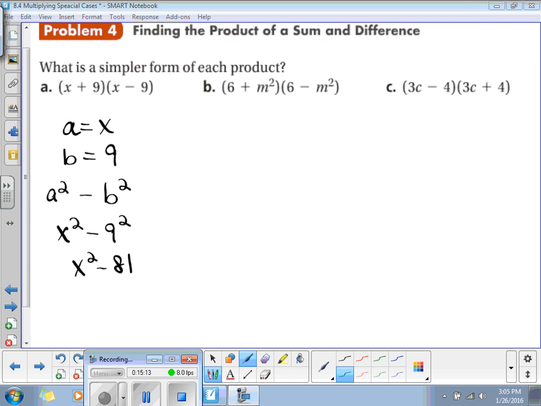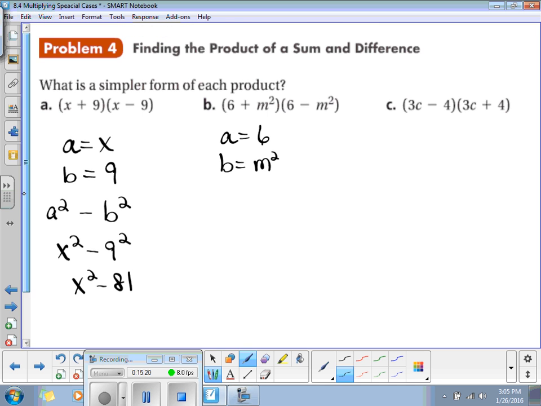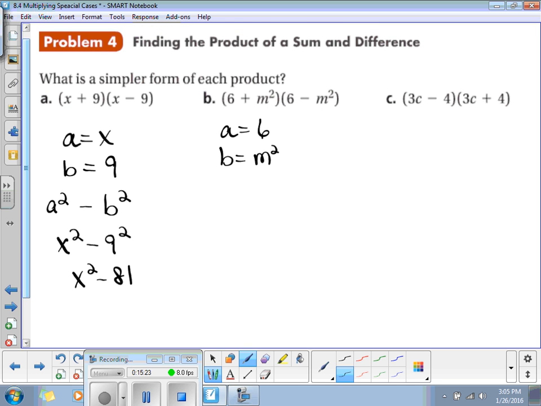So over here, we have our a is equal to 6, our b is equal to m squared. And we're going to put it into the formula, a squared minus b squared. So a squared is 6 squared minus b squared. So this is going to be minus m squared squared. Now this is a power raised to a power. We multiply the exponents. So we're going to get 36 minus m to the 4th. Got it?